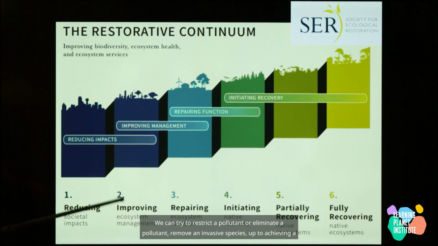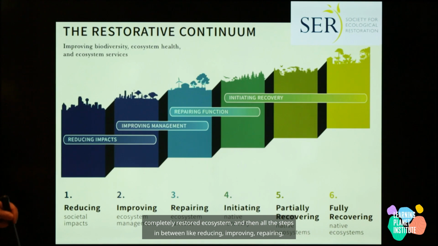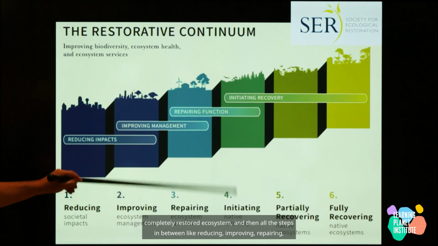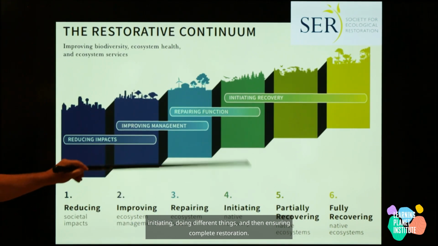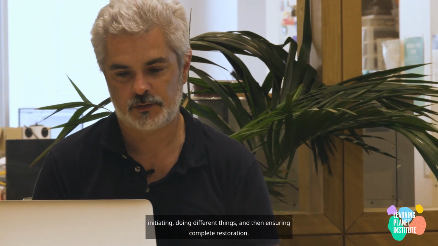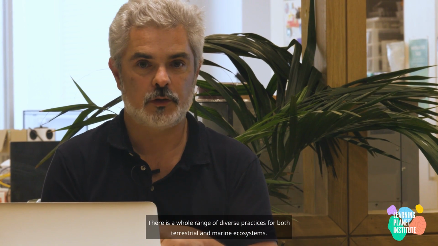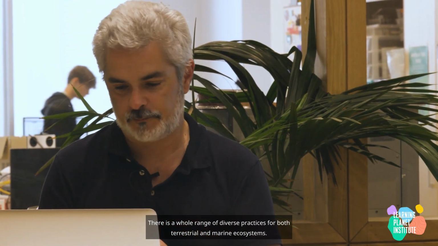We can try to restrict a pollutant or eliminate a pollutant, remove an invasive species up to achieving a completely restored ecosystem. And then all the steps in between, like reducing, improving, repairing, initiating, doing different things, and then ensuring complete restoration. There is a whole range of diverse practices for both terrestrial and marine ecosystems.